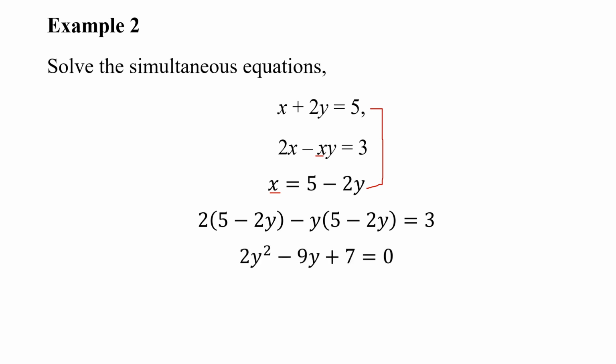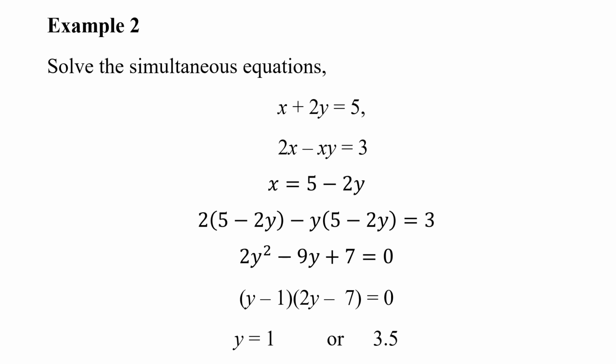If we remove the brackets and simplify, we find out that 2y squared minus 9y plus 7 is equals to 0. Then let's now factorize this one, and the factors are minus 2 minus 9. So if we factorize this one, we find y minus 1 factor of 2y minus 7 is equals to 0. And if we solve for y, we find out that y is equals to 1 or 3.5, like this.